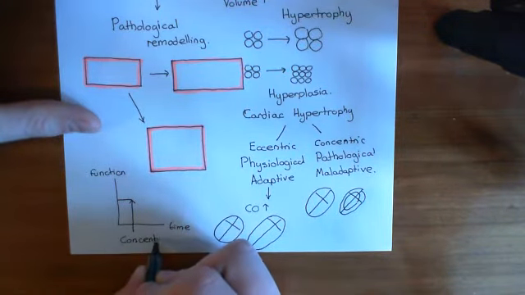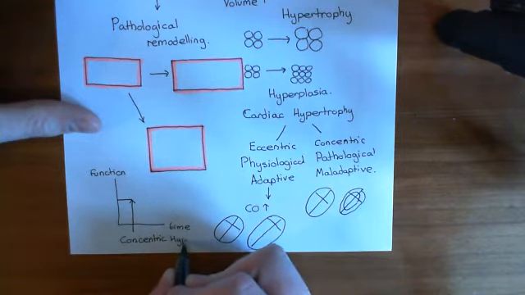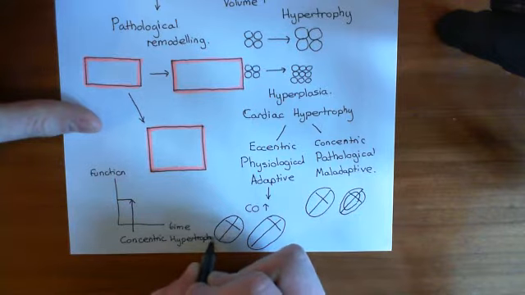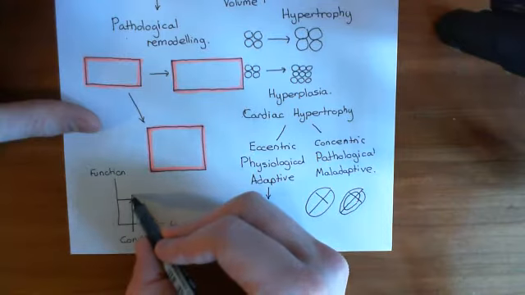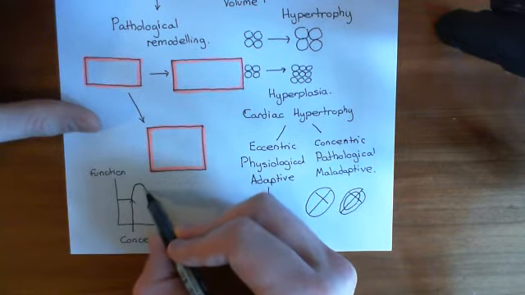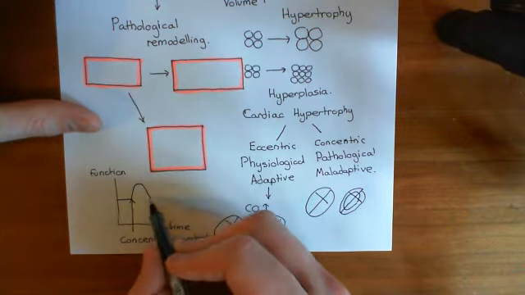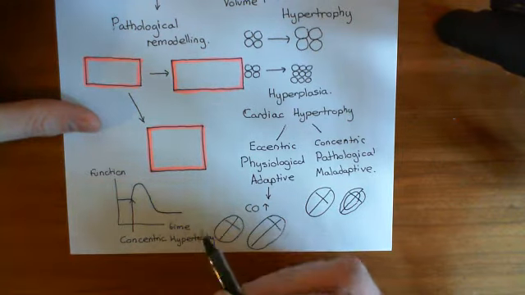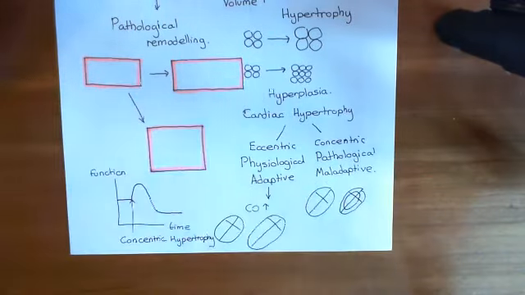Okay, then temporarily the force which that cardiomyocyte is capable of generating will go up. So the force will temporarily go up, but then it will gradually fall back down, and it won't just fall back down to what it originally was, it'll fall back down to a lower level, like so.